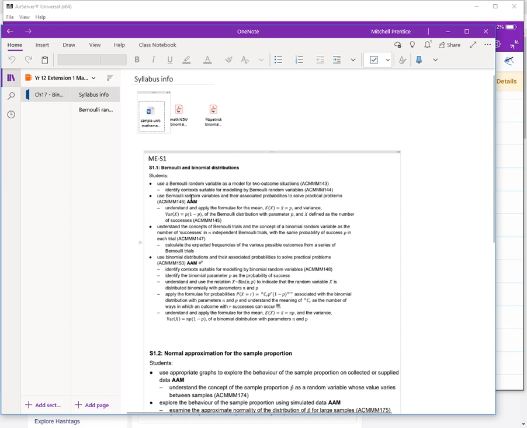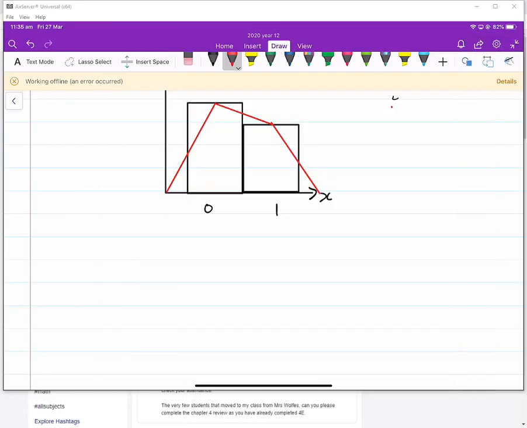And now we want to work out our expected value and our variance of Bernoulli random variables. Okay, so let's have a look and see what we've got for that.